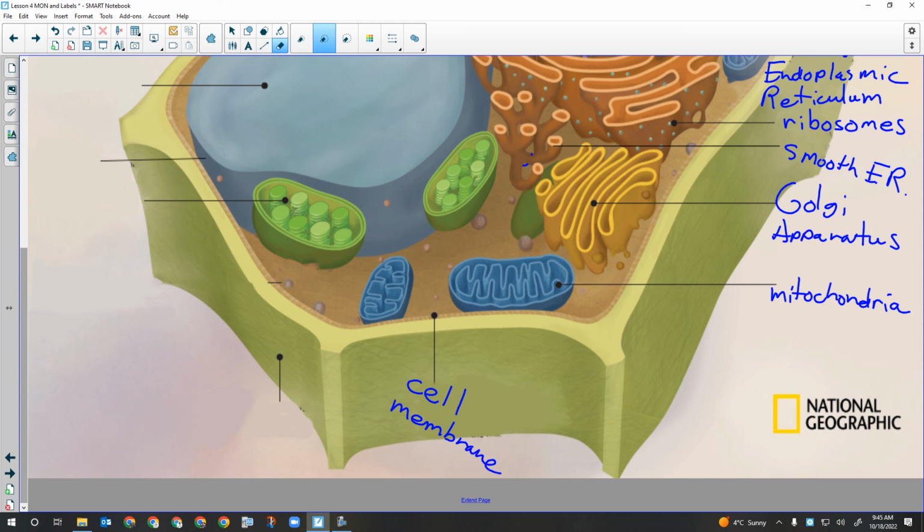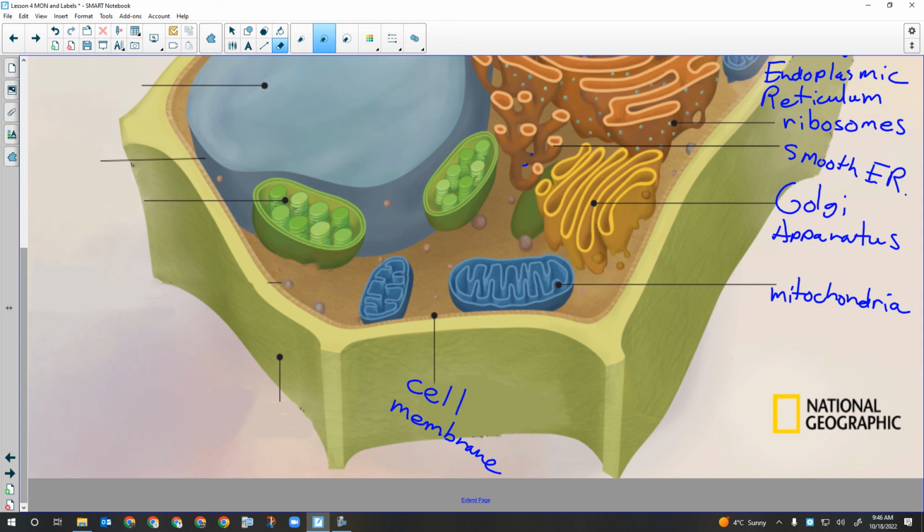Okay, the cell membrane controls what gets in and out of the cell. Okay? At the high school level, we call that process endocytosis and exocytosis. Cytosis meaning movement, okay? Movement for the cell. Exo meaning out, and endo meaning in. So endocytosis, movement into the cell. Exocytosis, movement out of the cell. Okay?